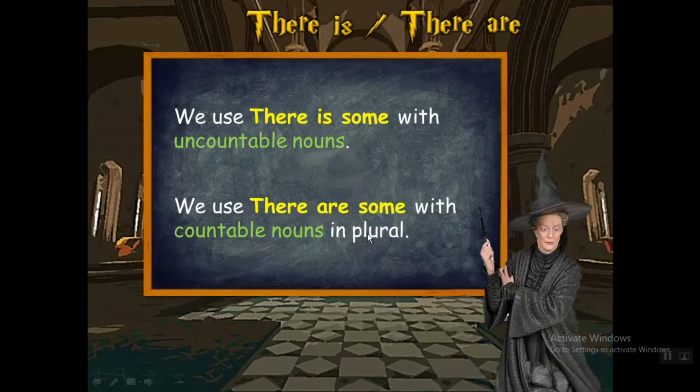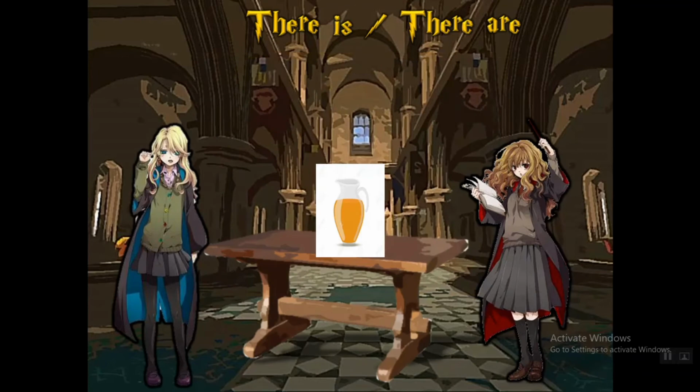Let's have some examples. Look at this picture on the table here and tell me, what can you see? Excellent. Here is a jug. In the jug, juice. So here the word juice. Is it countable or uncountable? Do you remember? Can we count juice?